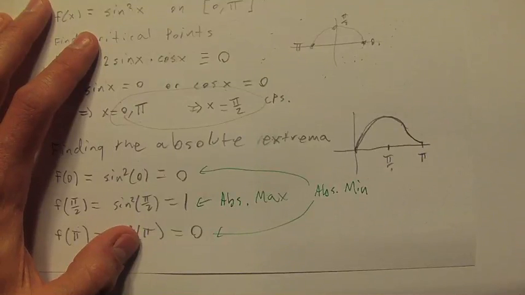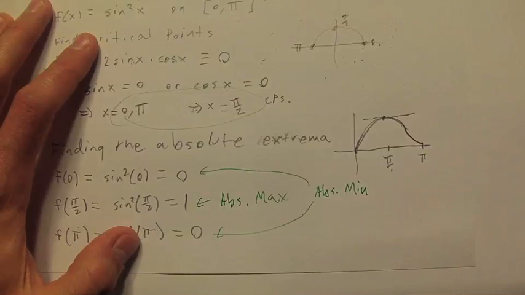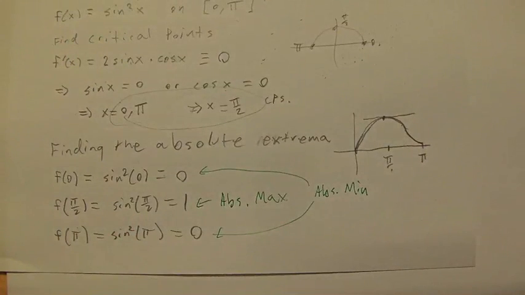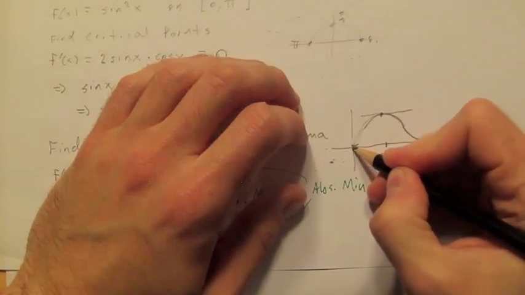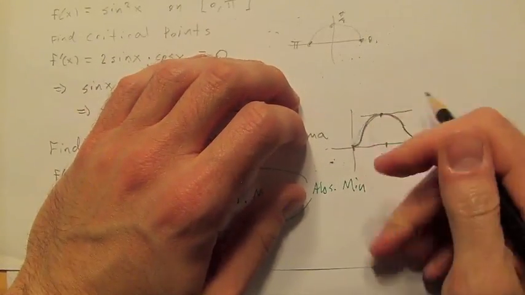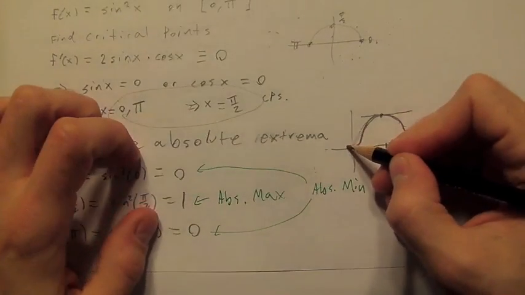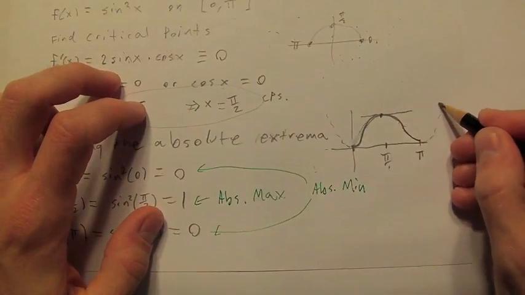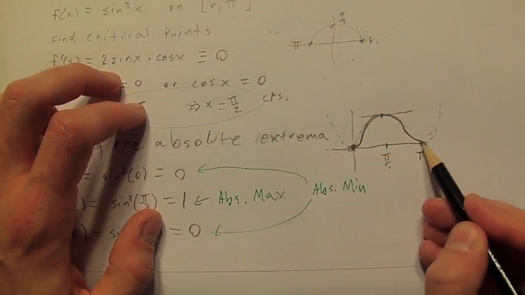So we have an endpoint there, and actually it's a little curvier here at the endpoints. So it looks something like this, and if we were to continue this graph on, you would actually have local mins here at pi and 0. But they happen to be endpoints here.